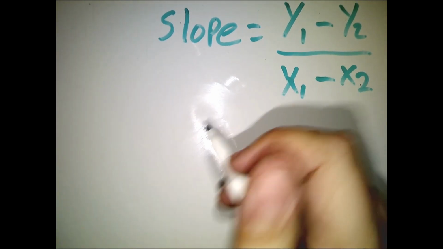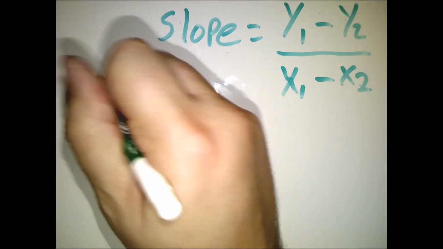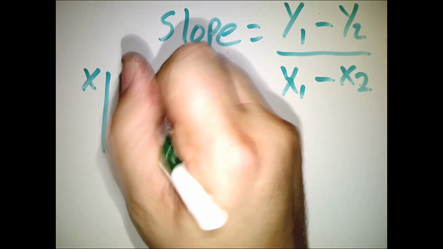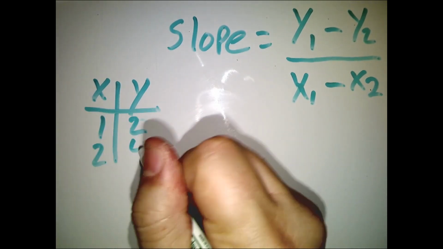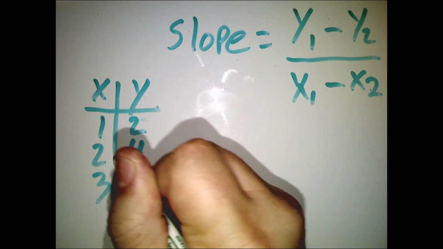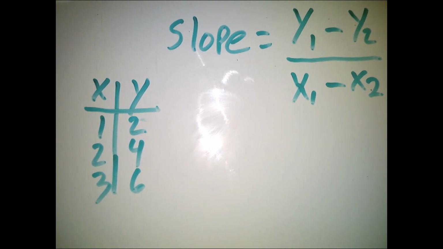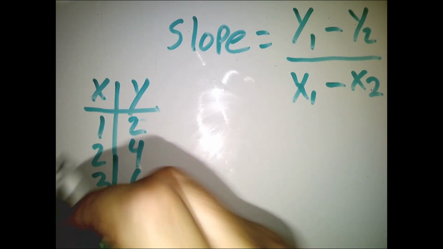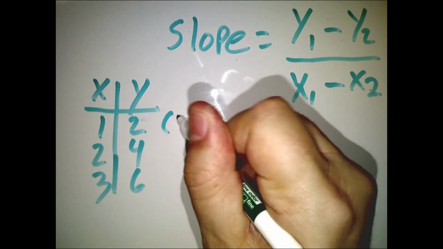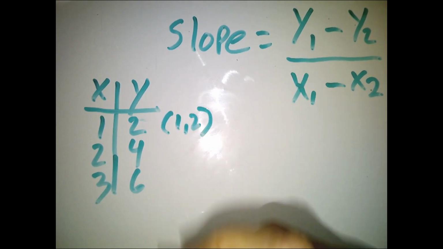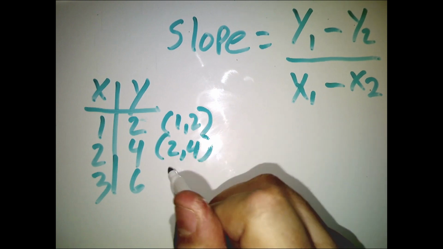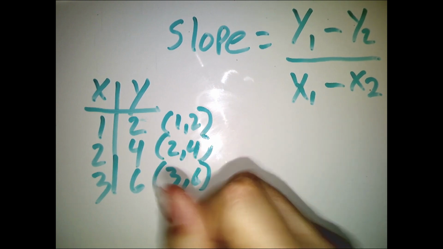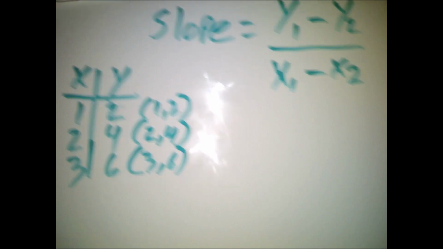First, we'll take our x and y values, which I'll redraw over here. We had 1 and 2, 2 and 4, 3 and 6. Now, as I mentioned, these are going to be ordered pairs, so we could also write this as (1, 2). This could be (2, 4). And this would be (3, 6). Those are the points. So what we're going to do is we're going to take 2 of those.